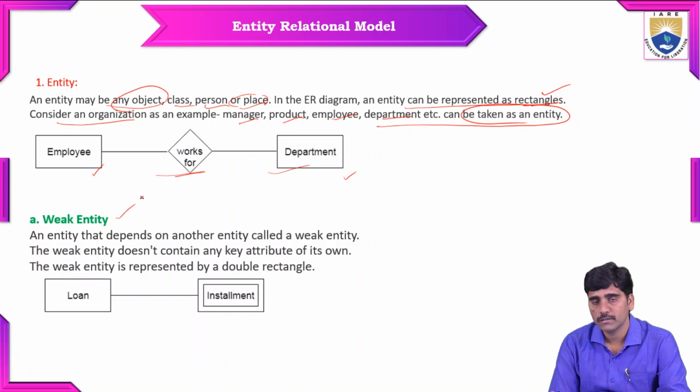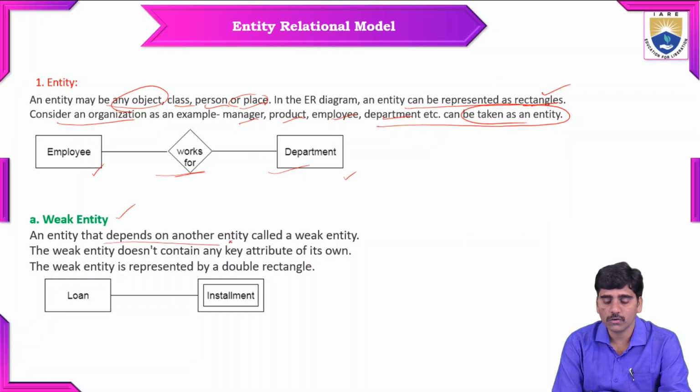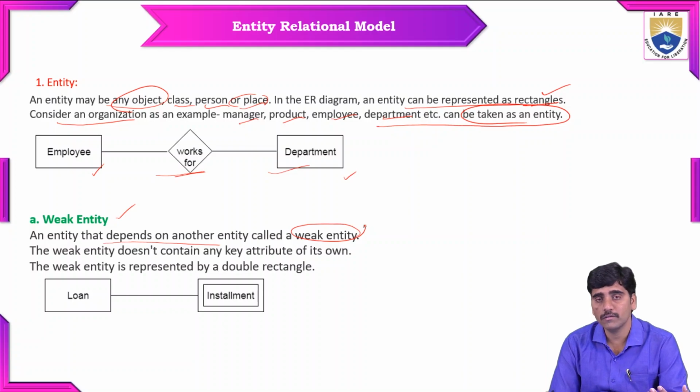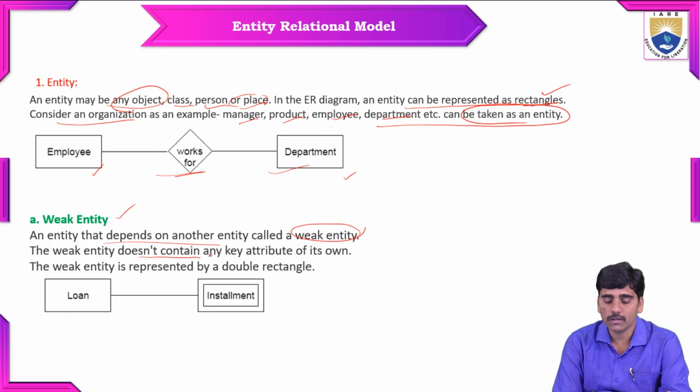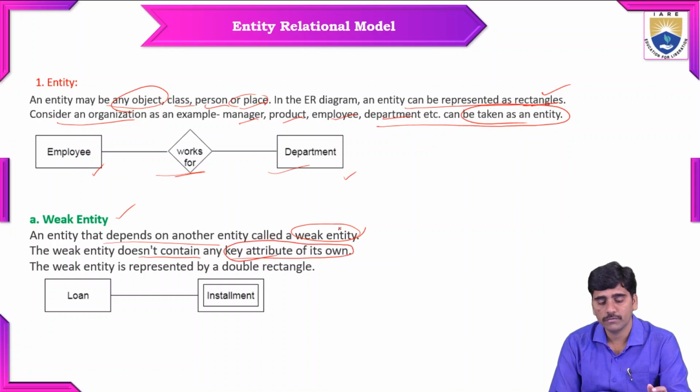Weak entity. An entity that depends on another entity is called a weak entity. The weak entity does not contain any key attribute of its own. It is represented by a double rectangle.